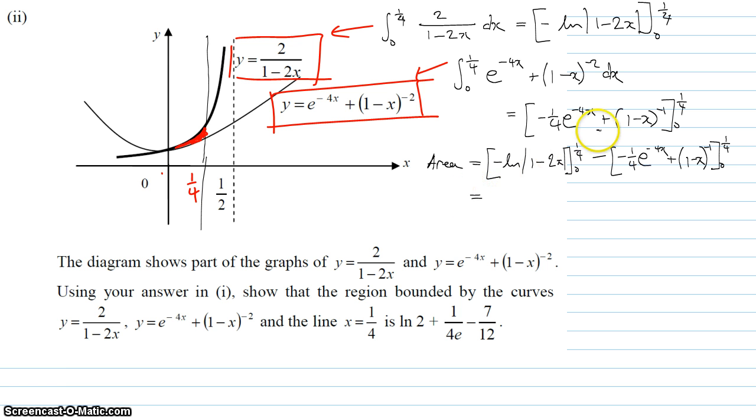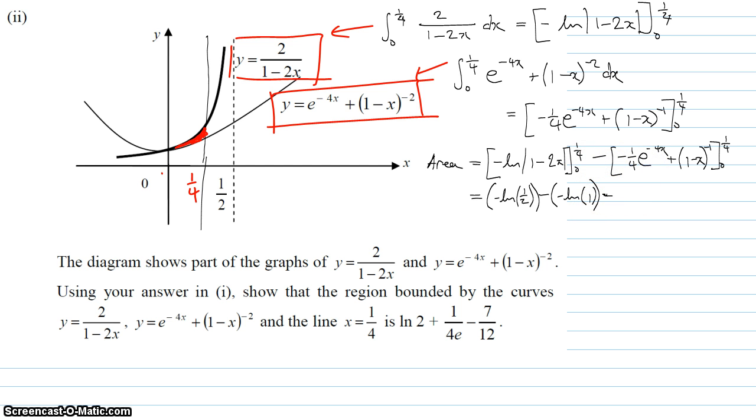So what do I get from this? Well, substitute in a quarter. I get 1 minus 2 times a quarter is a half. I get minus ln of 1 half, minus ln, and substituting in 0, I get 1.